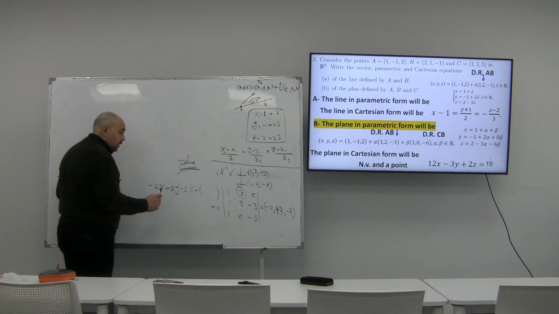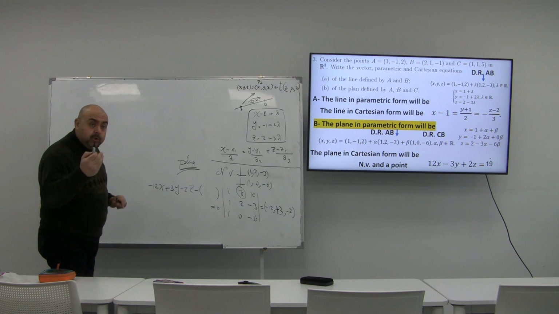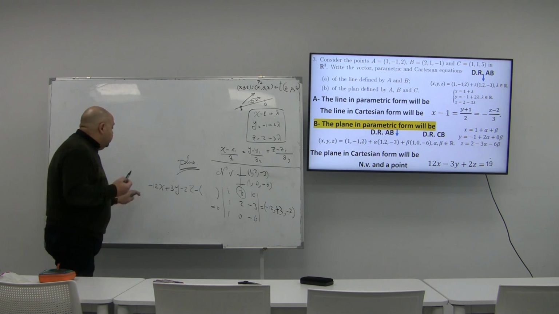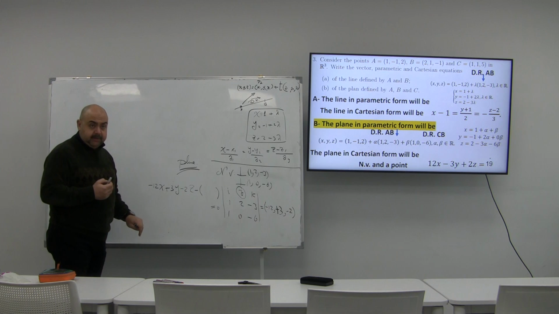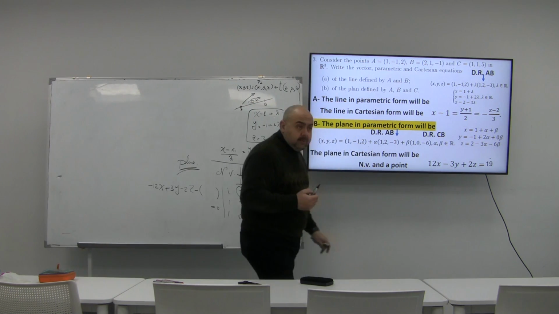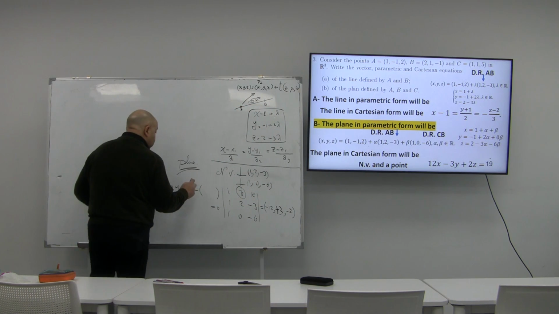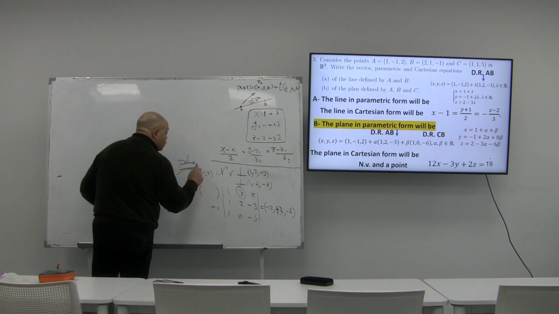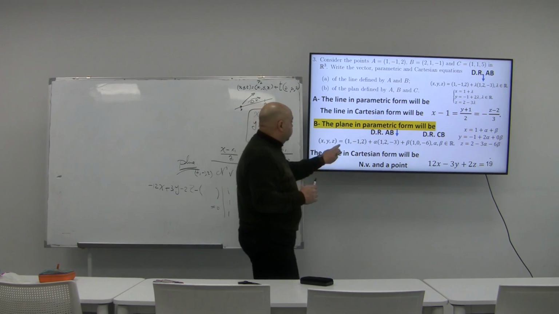In this bracket, I will multiply the coordinates of the point times the coordinates of this normal vector. The starting point, which we choose, is 1, negative 1, and 2. So all I have to do now is to multiply by 1, negative 1, and 2, which are the coordinates of the point.